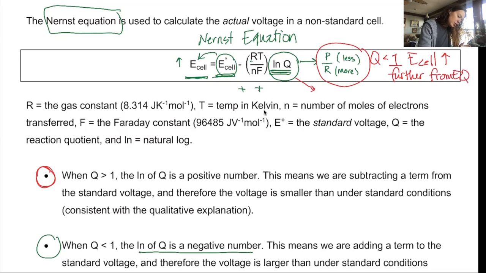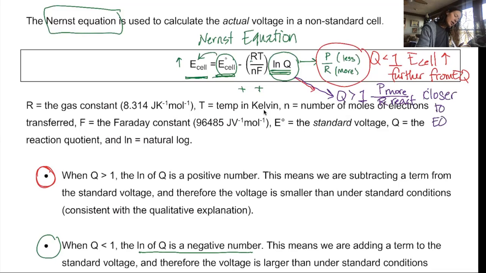When Q is greater than 1, we have more products, less reactants. That makes sense. We're getting closer to being done, right? So E cell, we're closer to EQ.